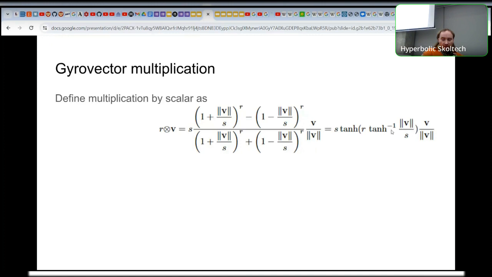So you have the inverse of this thing multiplied by scalar r and then taking hyperbolic tangent. And here you multiply by some direction. This is a unit vector, choosing a direction. S is again the radius of your ball or speed of light or whatever. This is a constant from your model.